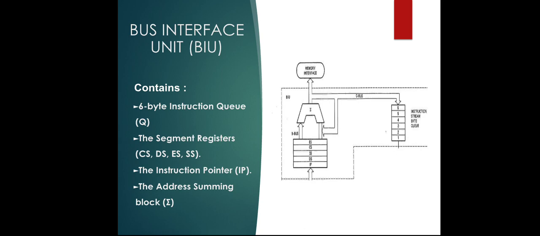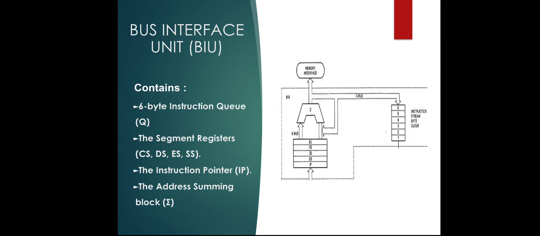This physical memory can be accessed by writing the address in 20-bit format. But the user uses an address called the offset, which is 16 bits long. So whenever the user uses a 16-bit address, the CPU has to convert that 16-bit address into a 20-bit address. This is the main function of the address summer.